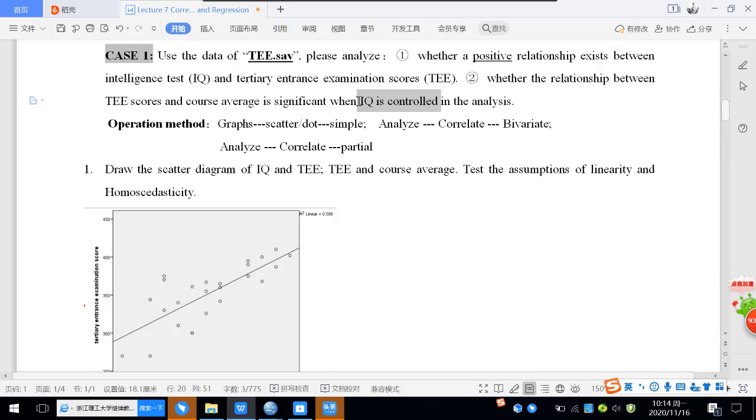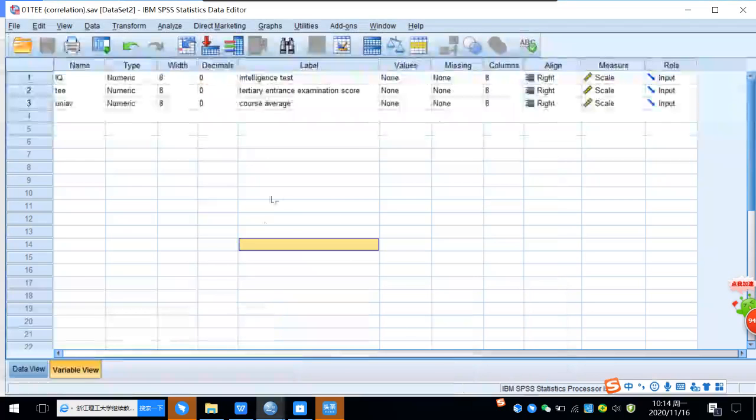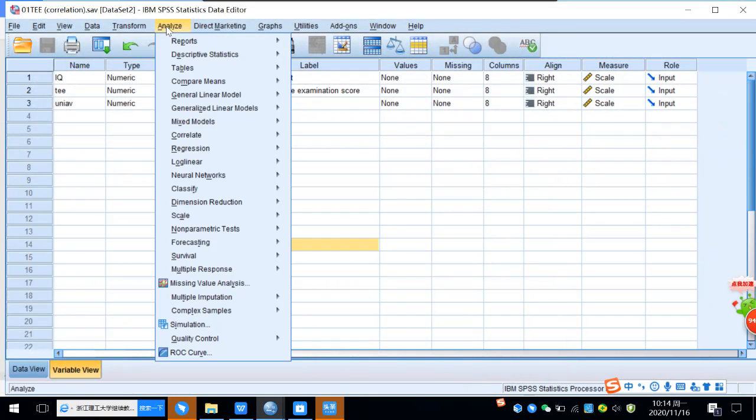IQ is the controlled variable. When we control IQ, we check the relationship between TEE and the course average. Then here we will use the partial correlation. So analyze, correlation, partial.